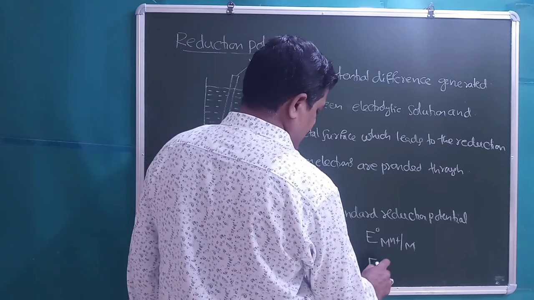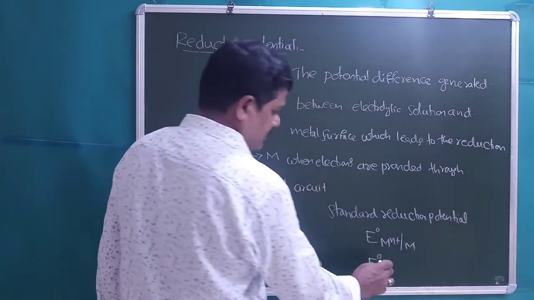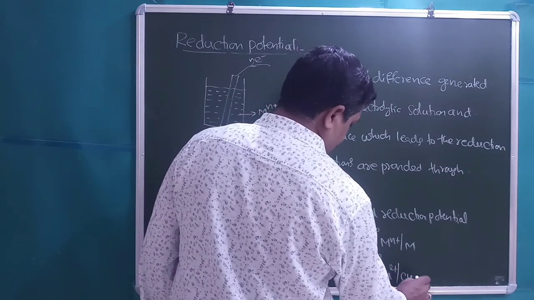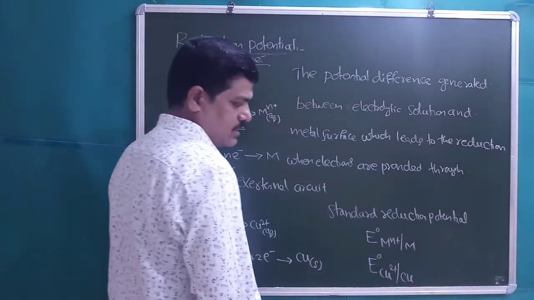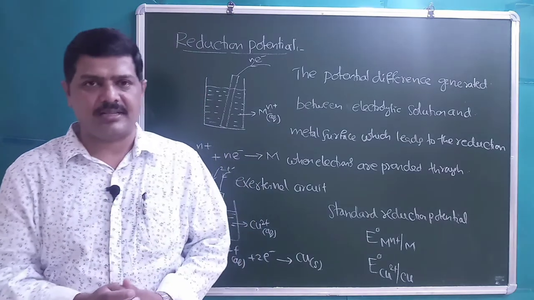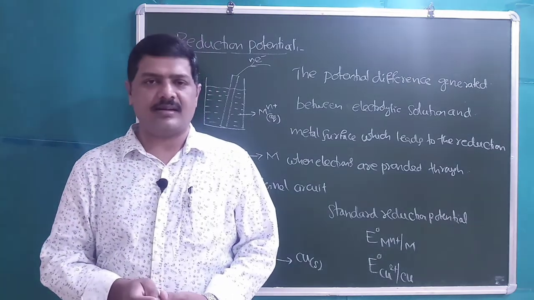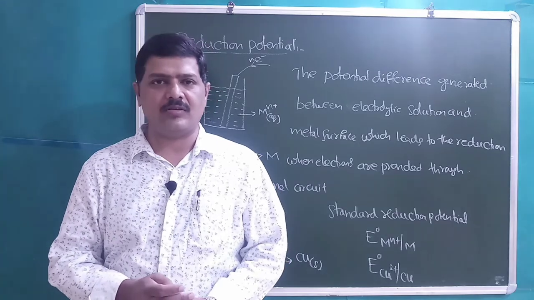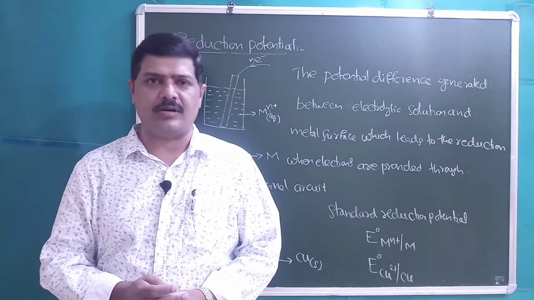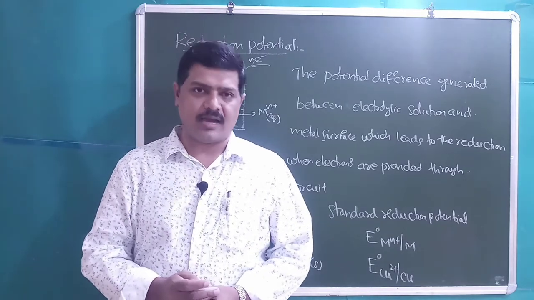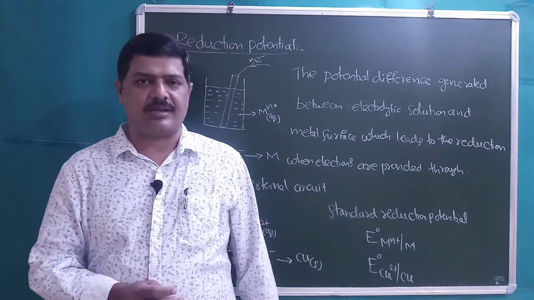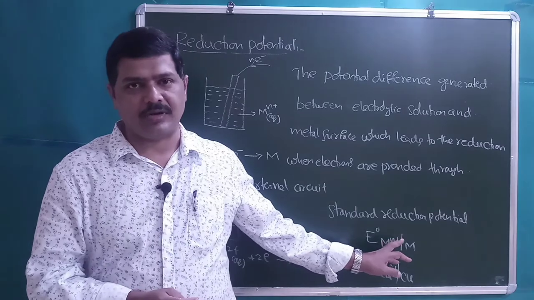If it is copper, we can indicate it as the standard reduction potential Cu2+/Cu. But students, according to IUPAC convention, all electrode potentials are indicated as standard reduction potentials only. If you want to compare the reactivity, or if two metal electrodes are coupled, which acts as an anode and which acts as a cathode can be decided when the electrode potentials are given as standard reduction potentials.